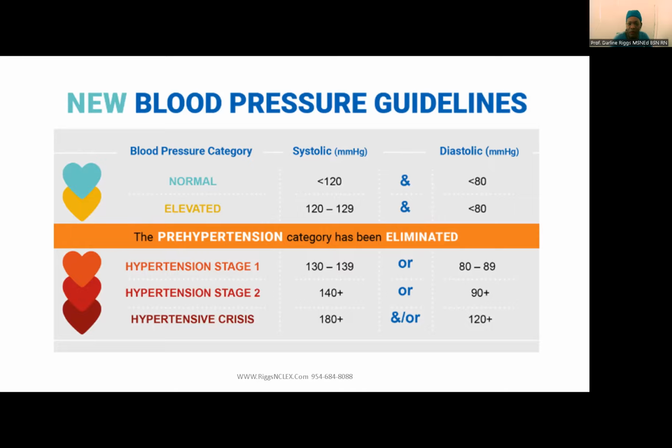But here's the thing you need to remember as well, everyone. Everybody has a baseline, right? So we need to establish our patient's baseline before we say somebody is hypertensive, right? I'll use myself as an example. I generally run low with my blood pressure.